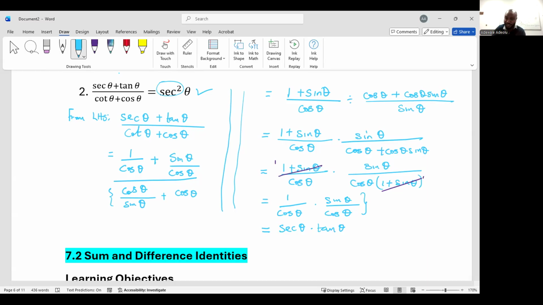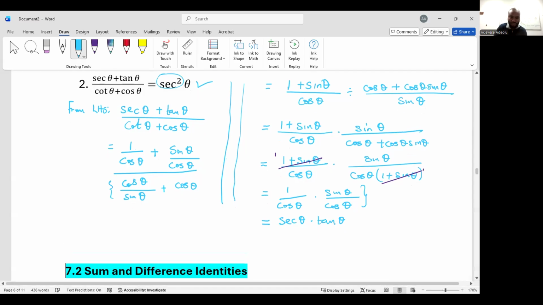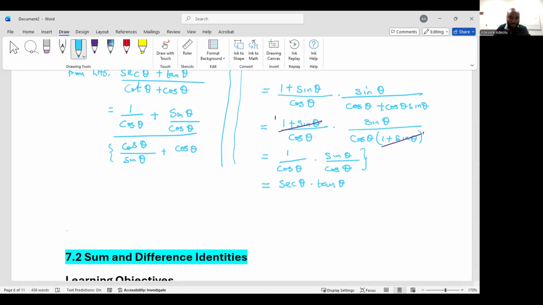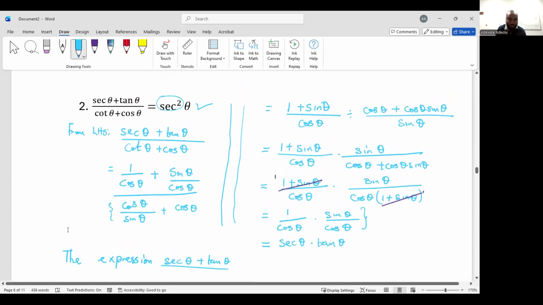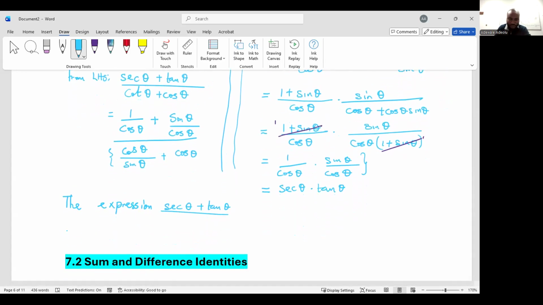So I can just say that the expression secant theta plus tangent of theta divided by cotangent of theta plus cosine of theta equals secant squared of theta is false.